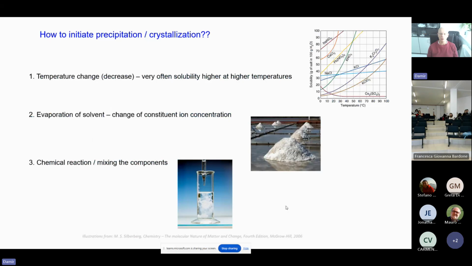Another important value for performing precipitation experiments is the way to initiate precipitation or crystallization. The easiest and most common way is by changing the temperature. I already said before that temperature typically increases the solubility of ionic salts. So in the case, for example, of sodium nitrate, the solubility at about 30 or 40 degrees is about 100 grams per liter.